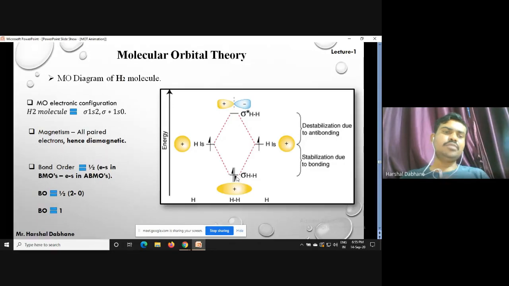And next is the bond order. The bond order is half, the electrons in BMOs, bonding molecular orbitals, minus electrons in ABMOs, anti-bonding molecular orbitals. So half into 2 electrons in bonding, so we can write 2 minus 0, 0 electrons in anti-bonding.